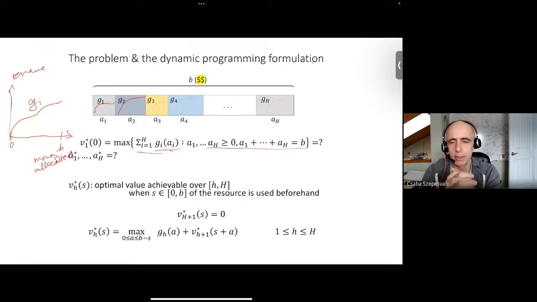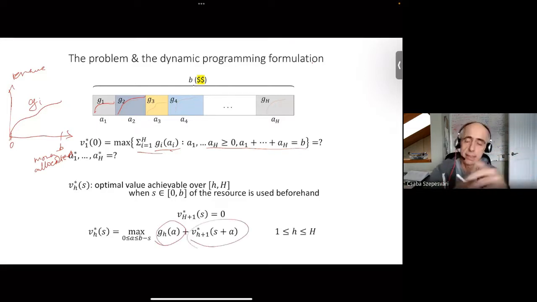If you think about it a little bit, it has to satisfy this equation, which is today called the Bellman optimality equation, which just says that you have to decide how much money you are allocating in the current state. It has to be between 0 and B minus S. S is how much you spent before. And then you get the proceeds for the current stage, so that's G_H of A.